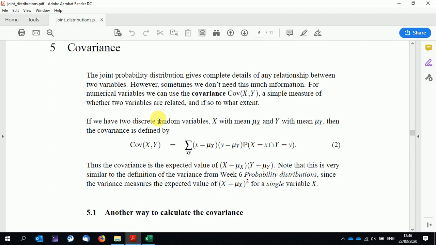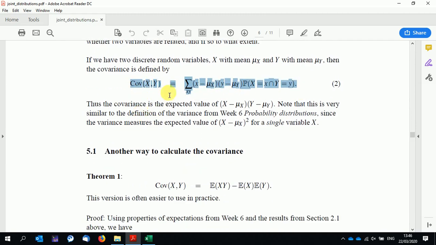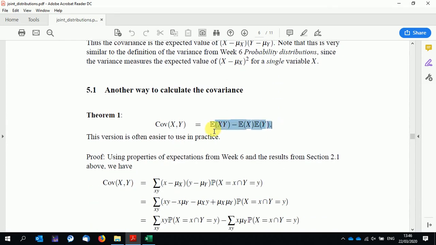What we have to understand though is that it is also a measure of relationship. Another way of finding or measuring the relationship between two variables. So we can use this formula, or we can improve on this to here, right?